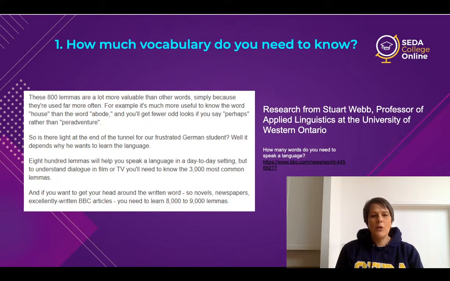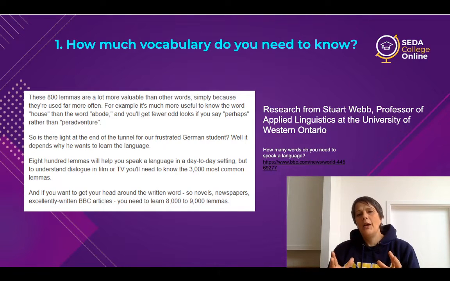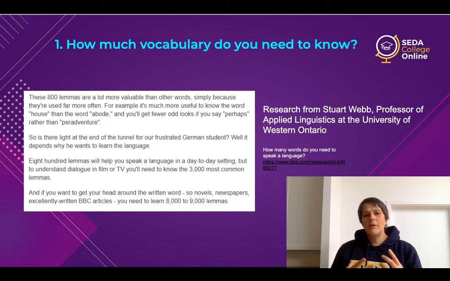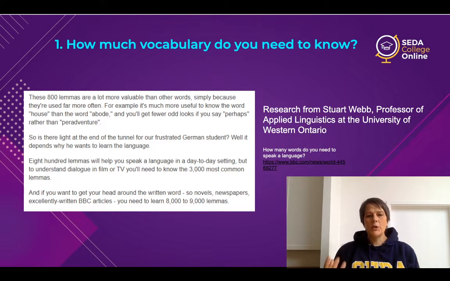He said that if you want to actually read novels and newspapers and talk about the world around you, so maybe you're talking about a film on TV, like Friends, something that's very common, predictable, day-to-day language that you use every day, you can understand that on 3,000 words. But if you want to read novels about life that's different to yours, or newspapers, documentaries, then you need 8,000 to 9,000 words. So think about that.